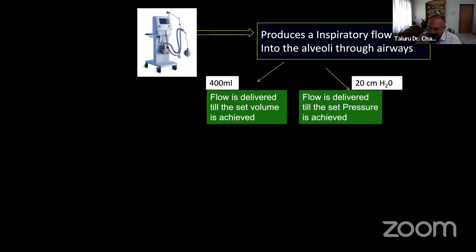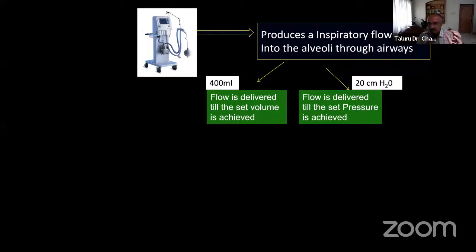Any doubts on this? So when we say volume limited, volume assist, or volume controlled ventilation, your understanding should be that there is a flow of gas from the ventilator till a set tidal volume is delivered. Even if the lung is sick, 400 ml will go. What will change?